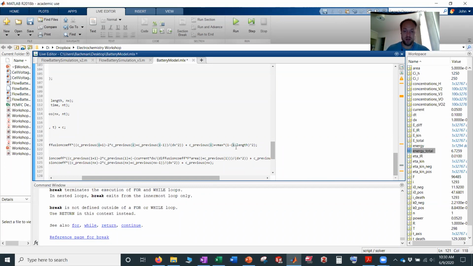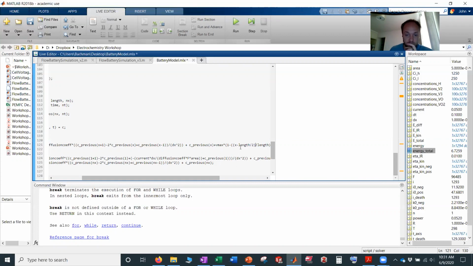Sorry, this is going to get kind of complicated. So this should be x minus length divided by 2. Right, so if it's at the center, it should be the maximum.